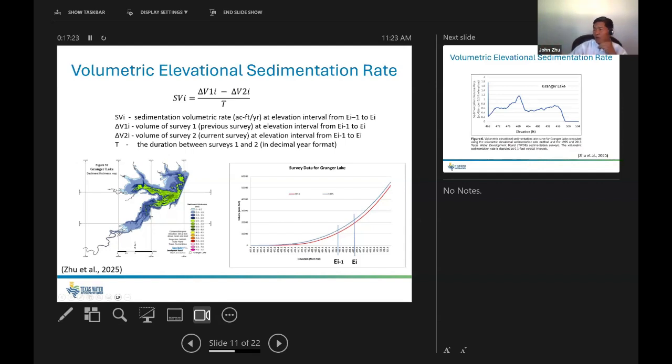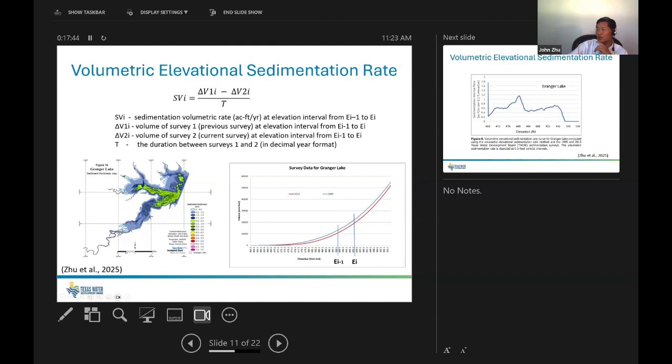For example, this one, the first survey is 1995, and then in 2013 there is another survey, the red line. So these are the two surveys, and those are the two existing rating curves.